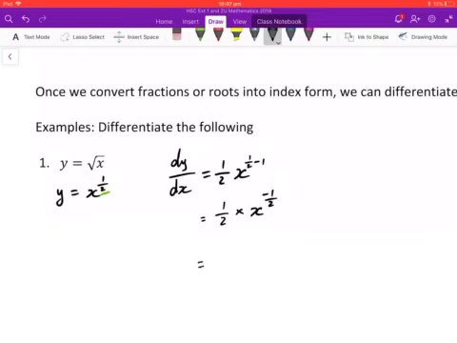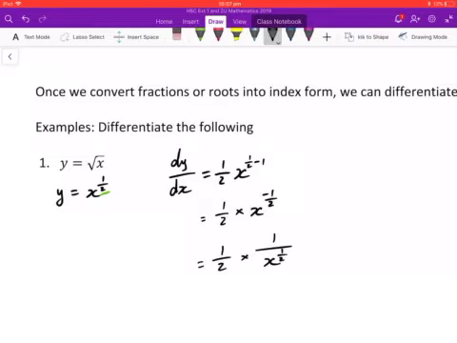Now, usually we don't want to leave it as x to the negative a half. We want to leave it as a surd or square root, without a negative power. So this is going to be half times, the negative part of the power makes it 1 over the half part, it's now positive.